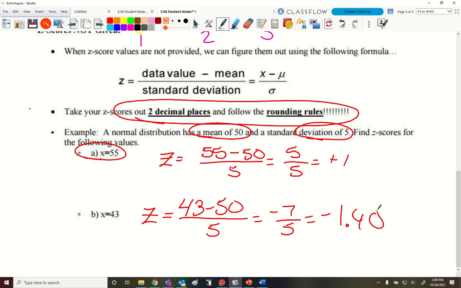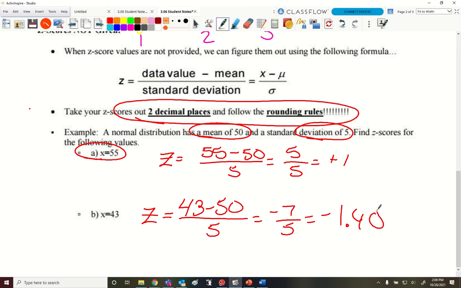Did you leave it as a fraction? Yeah, 2 decimal points. Even though it's exactly 1.4, I just put a zero there so we always have 2 decimal points. Is that easy? Okay. Anyone else? Any questions here?